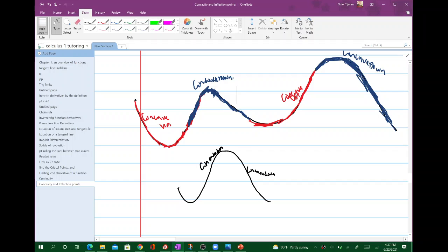So basically, at this specific point right here, that is the inflection point. Similarly, over here is an inflection point. And then again, over here is another inflection point.